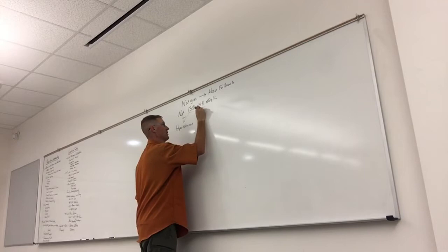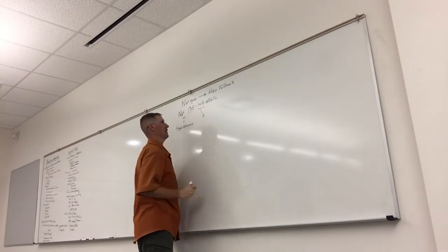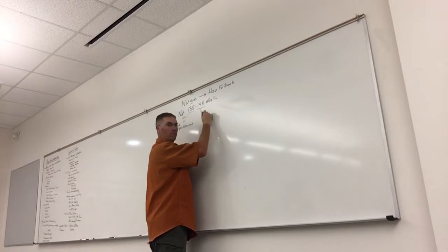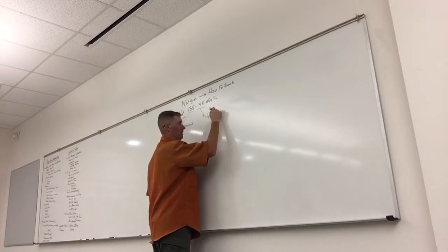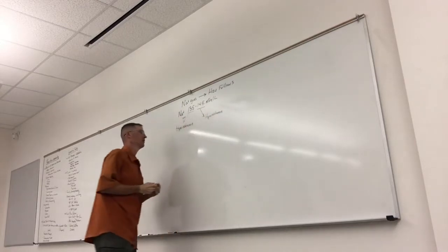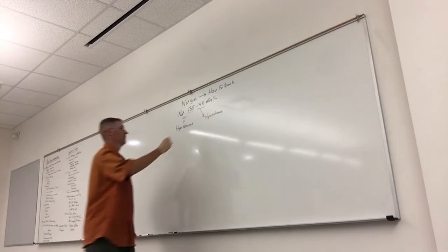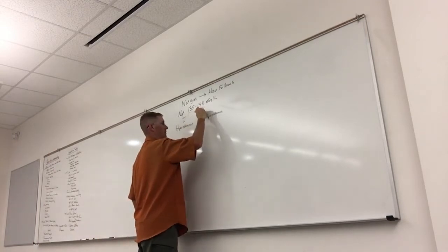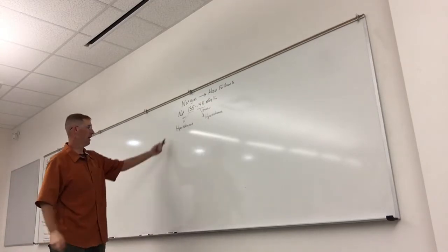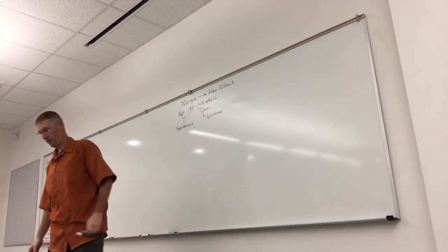If the patient has a sodium in excess of 145, we say they have hypernatremia. Good. Hypernatremia. Excellent. All right. So these are the two major problems with sodium, hypo and hypernatremia.